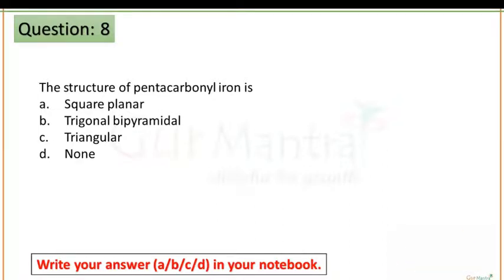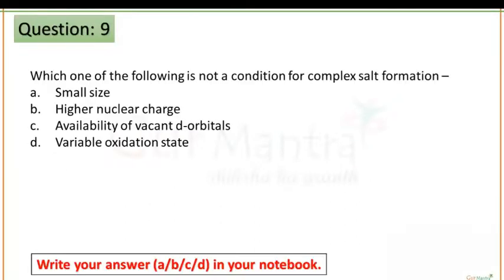The correct answer is option number B, that is trigonal bipyramidal. Next question.